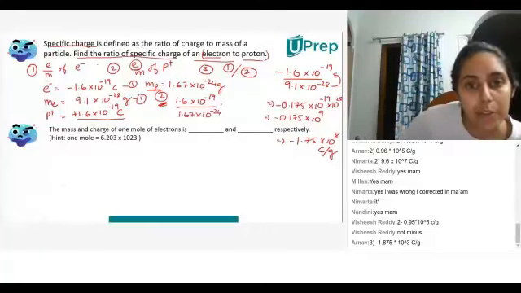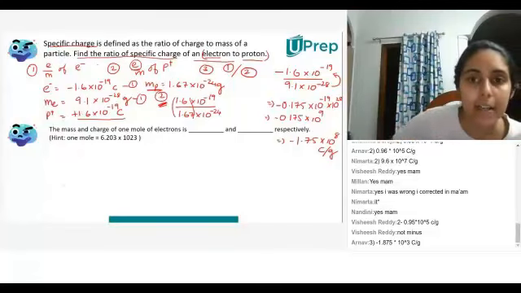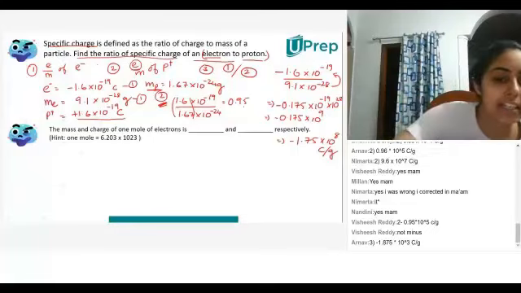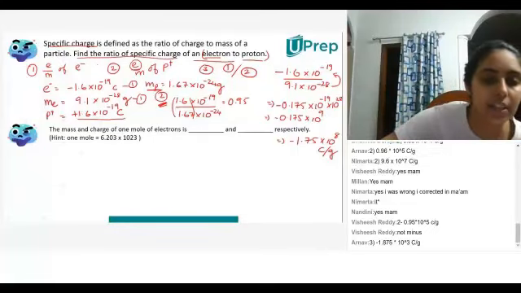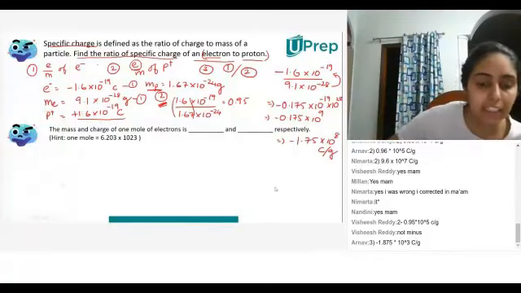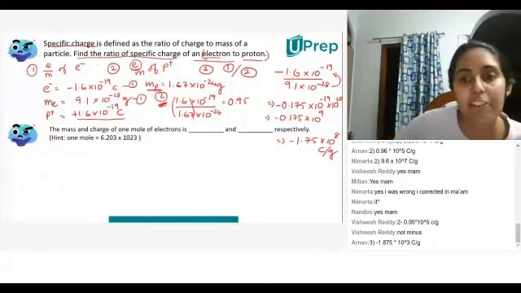So now I'm just going to solve this part first. What is 1.6 divided by 1.67? It is 0.95. Okay, so it's 0.958, and I can approximate that to 0.96.